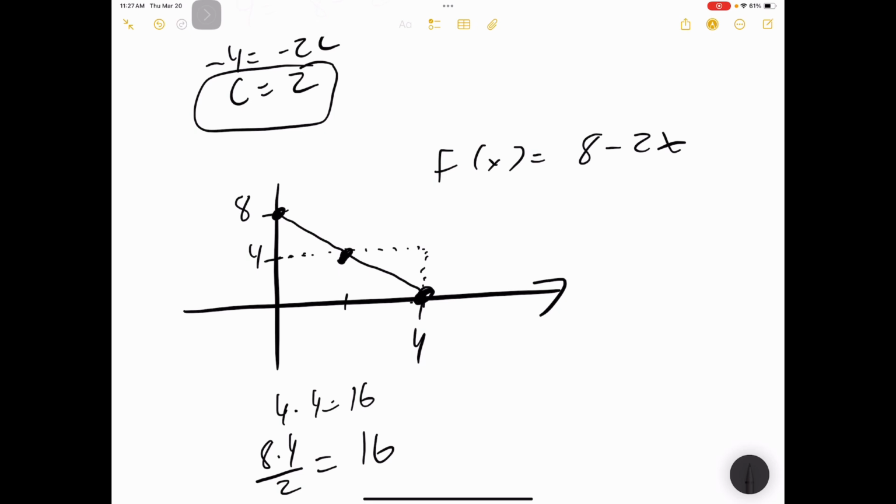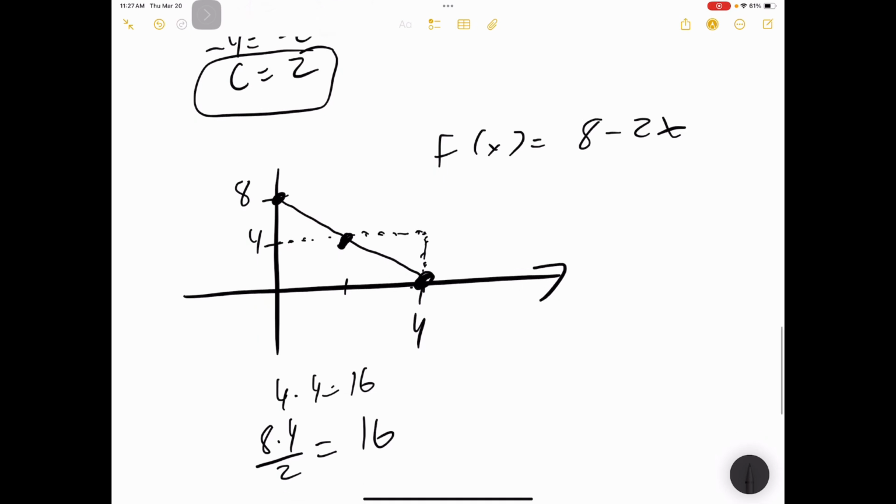And so the area of the rectangle at the average value gives me the function's area under the curve, which is really interesting. So that is the average value of a function. That's the mean value theorem.